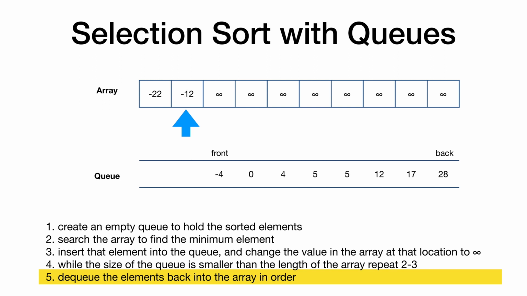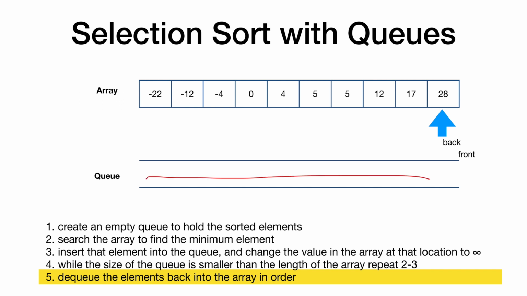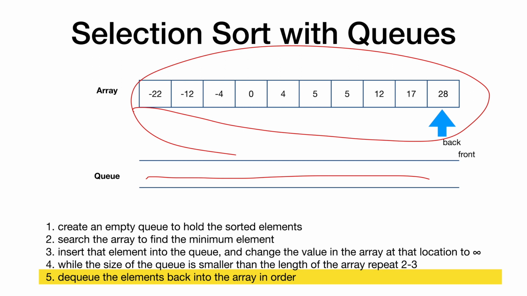We're going to keep going down the line: dequeue negative 12, insert it into the next element in the array, dequeue negative 4, dequeue 0, 4, 5, 5, 12, 17, and 28. And now our queue is empty, but our array has all of those elements in sorted order.